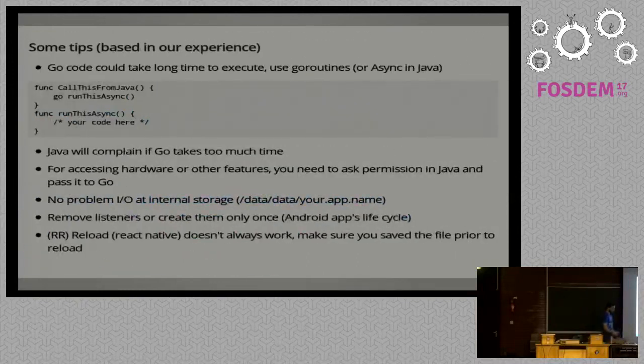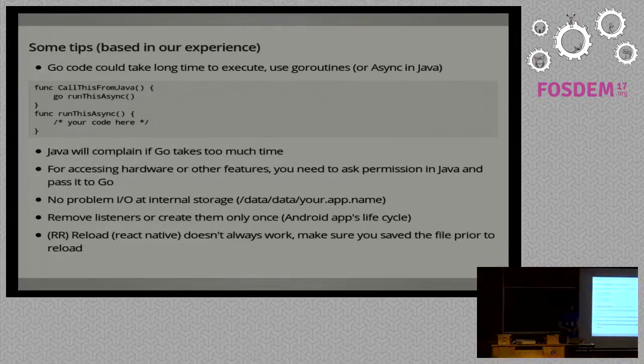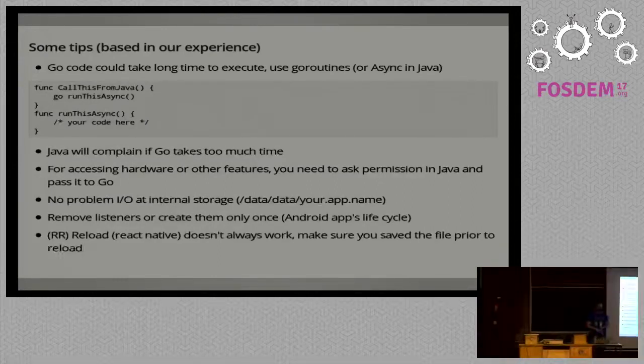Some tips based on our experience. Go code may take some time if you are doing some big calculation or something. In our case, it was communication with the device. It could take some time to get a response, and Java will complain.